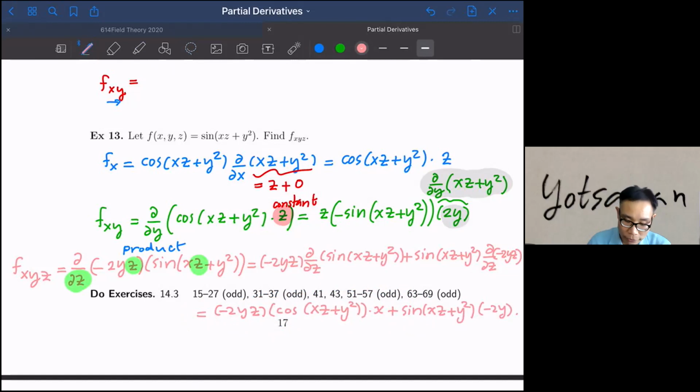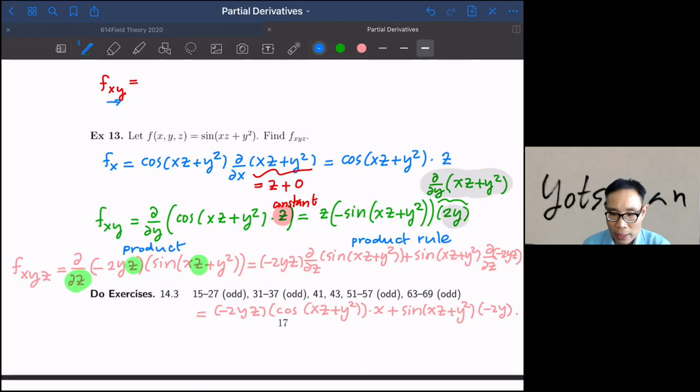This comes from the product rule, and this will be the final answer.